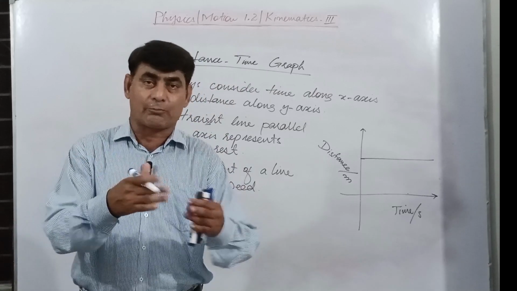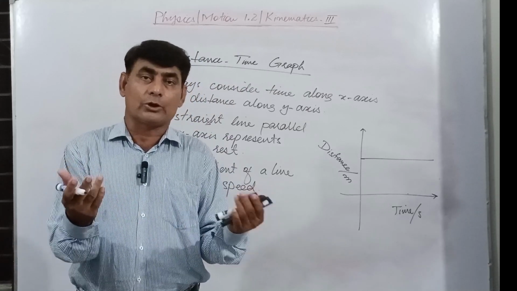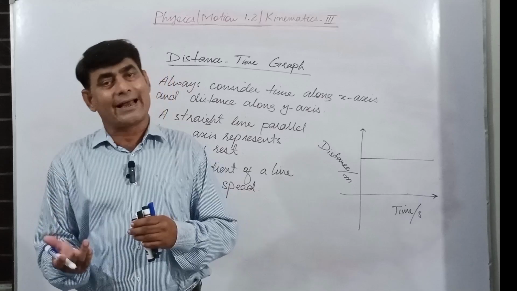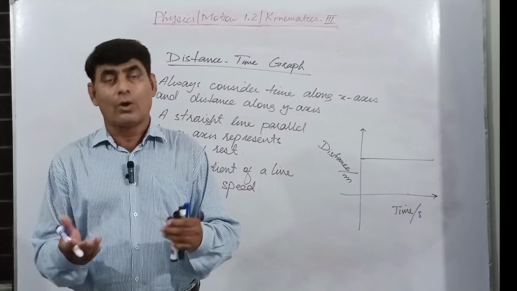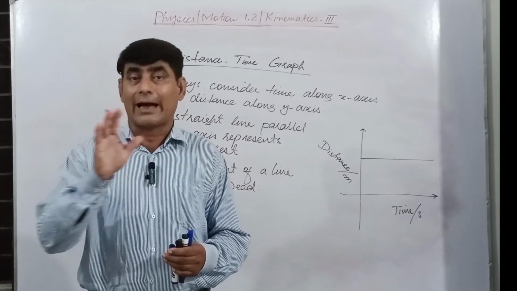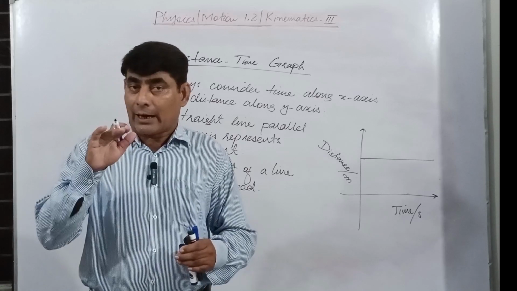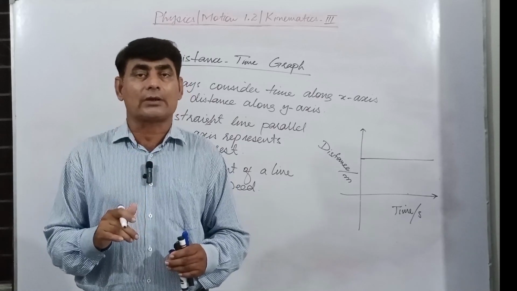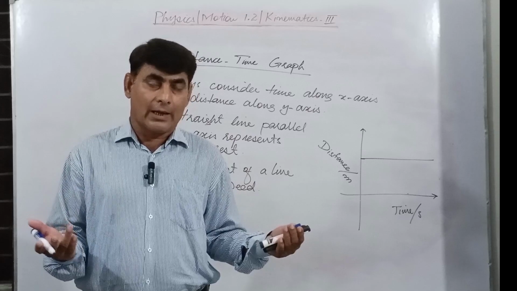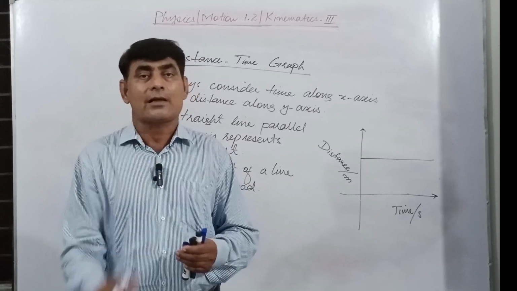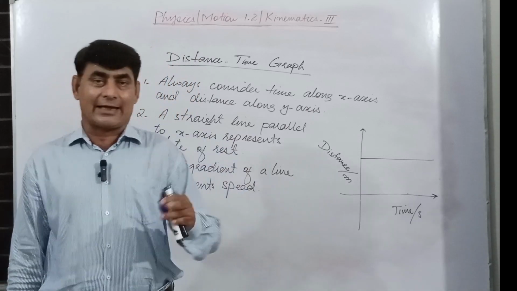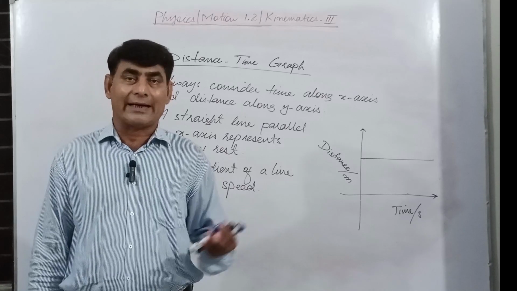When the same values are subtracted, we always have 0 magnitude. So 0 divided by x2 minus x1 will give you 0. You should learn by heart that the gradient of a horizontal line is 0, and the gradient of a vertical line is undefined, as tangent 90 degrees is undefined.